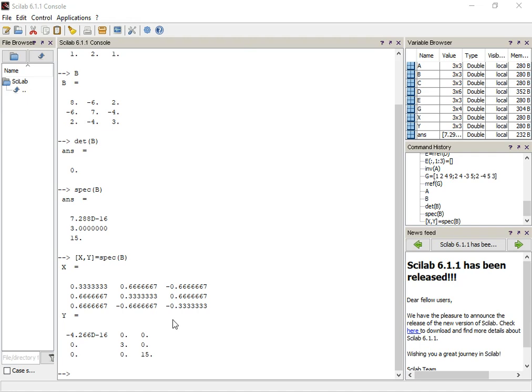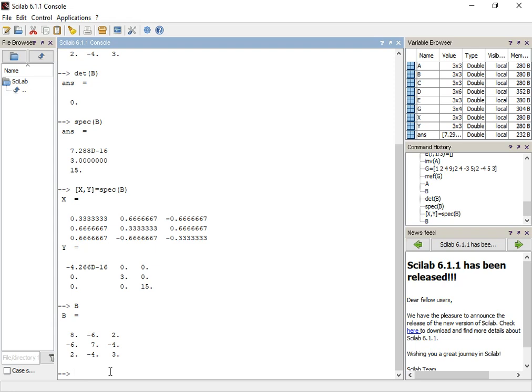Let me verify this. I want to multiply B with the eigenvector. Let me write the eigenvector for 15, which is in brackets minus 2, 2, minus 1.